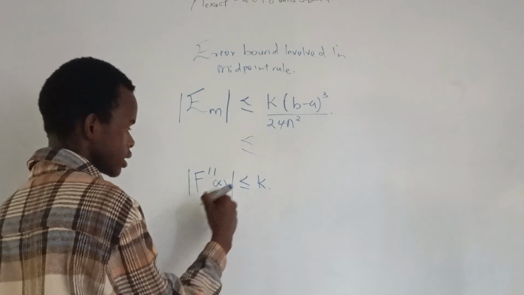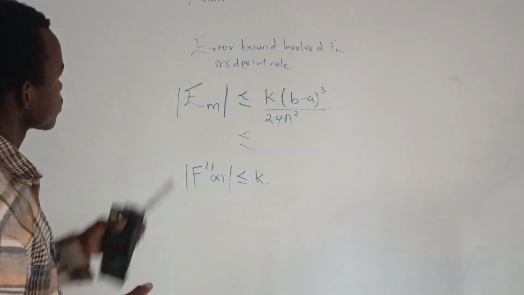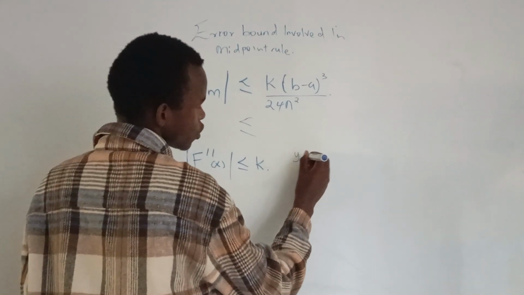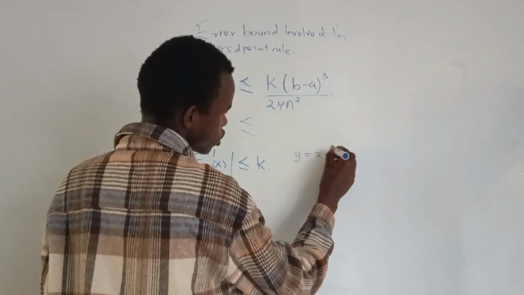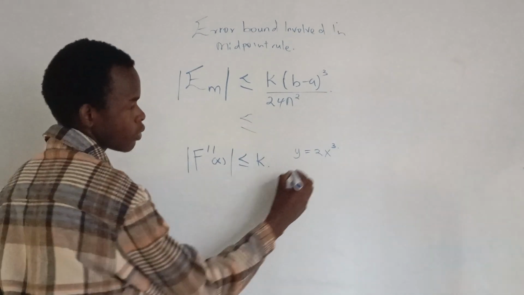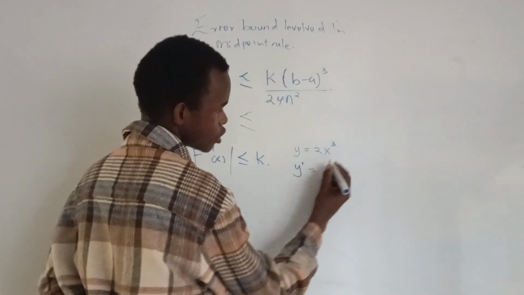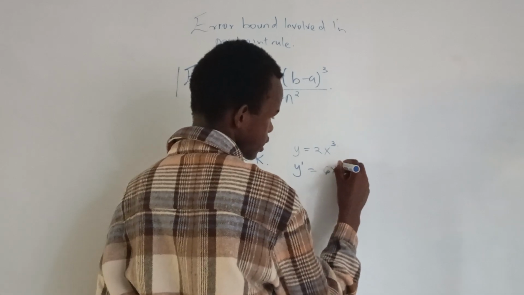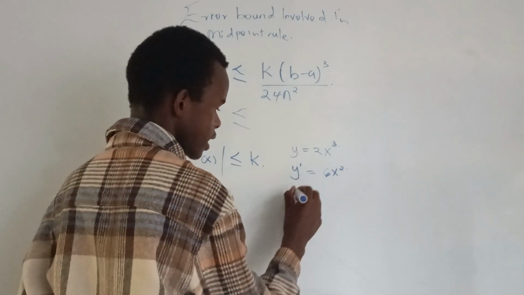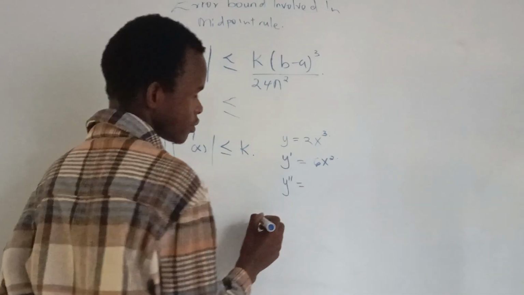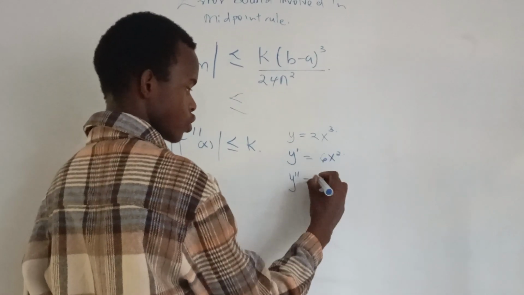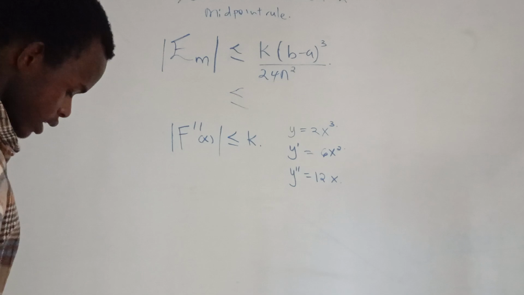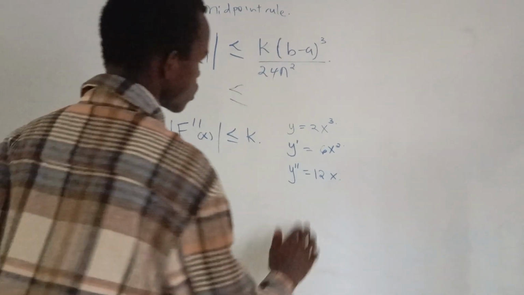So let's compute that. Our function was y equals 2x cubed, remember? Our first derivative will be 6x squared. Our second derivative will be 12x.